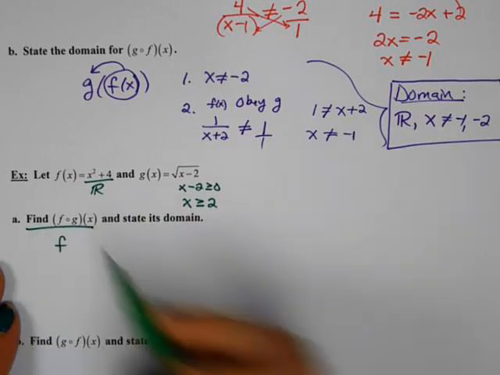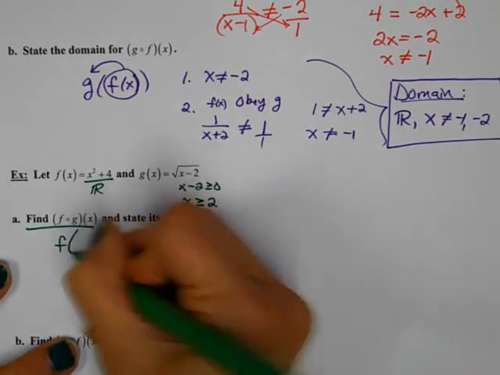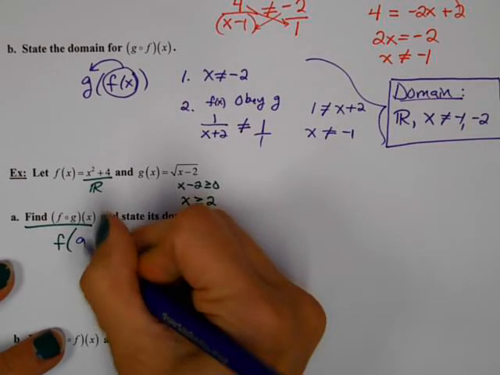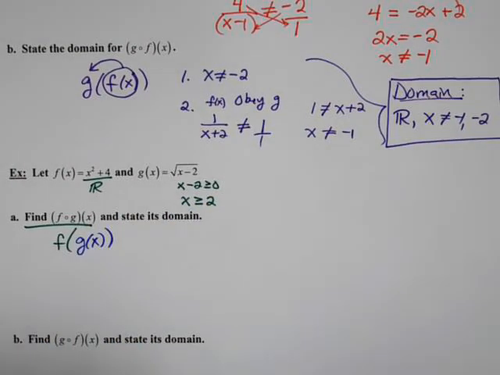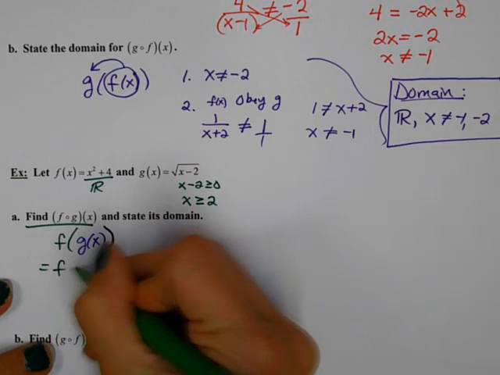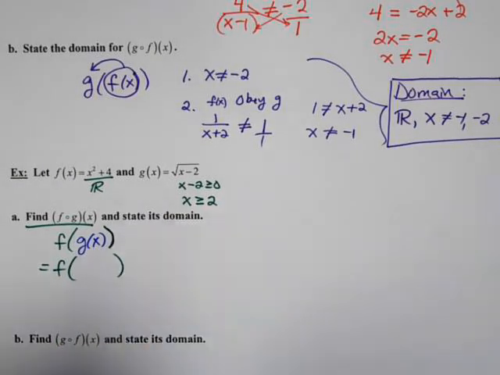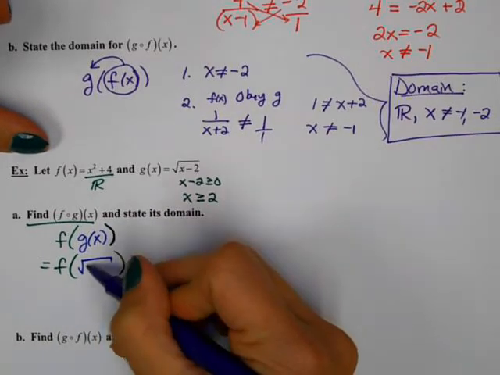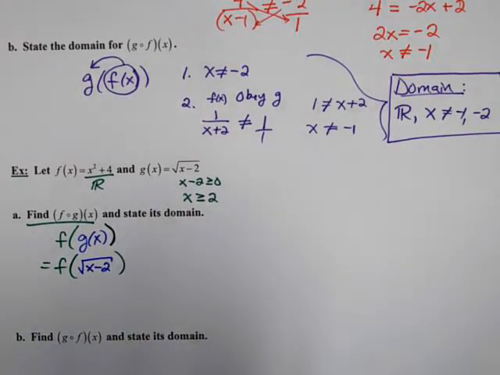All right, so I actually have to do a composing problem here. f of g of x. So we're going to go ahead and write f of, and instead of the letters g of x, what's the g function? Square root of x minus 2.